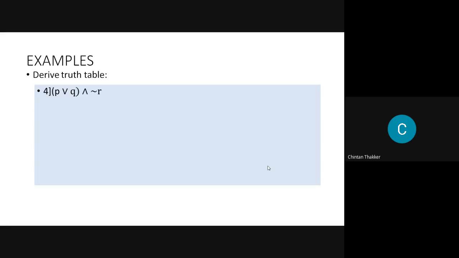Remember the arrangement of three statements. If you change the arrangement, you get a different answer. Here we are expecting that you find the truth table using the arrangement which we used in the previous example: in the first statement 4T, then 4F. In the second statement 2T, then 2F, again repeat 2T, 2F, and in our third statement alternate TF, TF, TF.